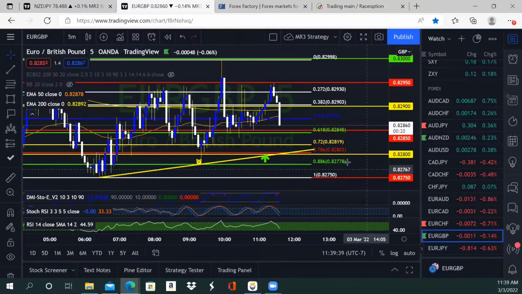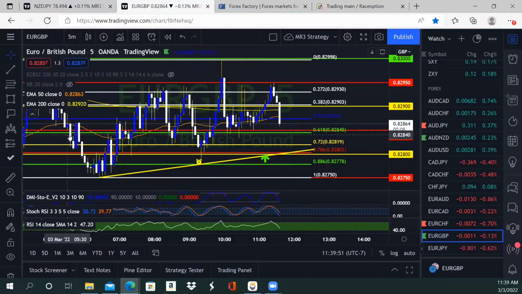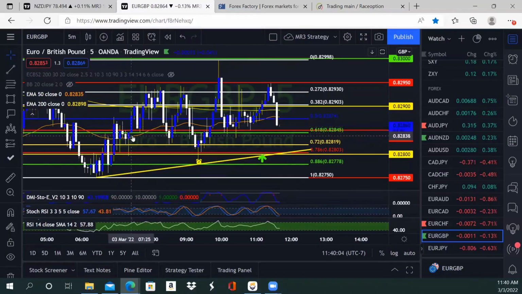So if you notice, like this level here, for example, your 618, it respected it. Well, it did not respect it here. It kept dropping, didn't respect it here, respected it here, but didn't respect it here. Sure didn't disrespect it here, respected it here.